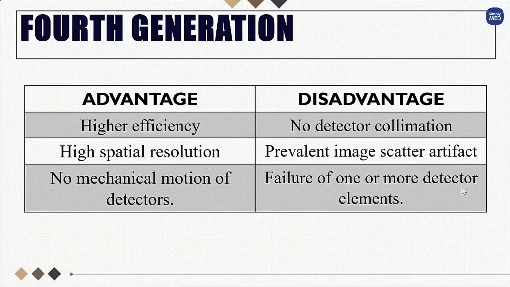The advantage is higher efficiency and high spatial resolution, and we don't require any mechanical motion for the detector. Disadvantage: there will be a little bit of scatter artifact, and if one or more detector elements are not working, you will not get a good image.